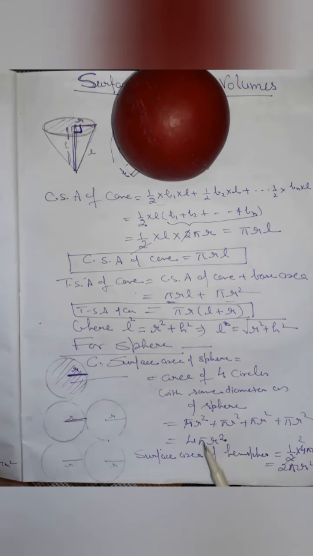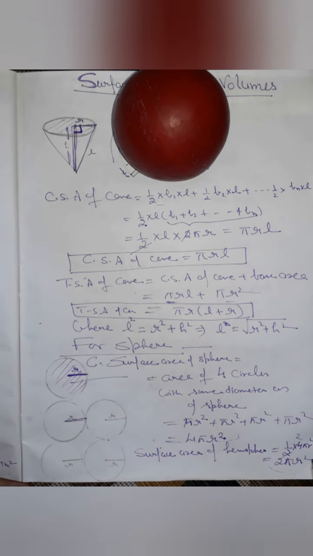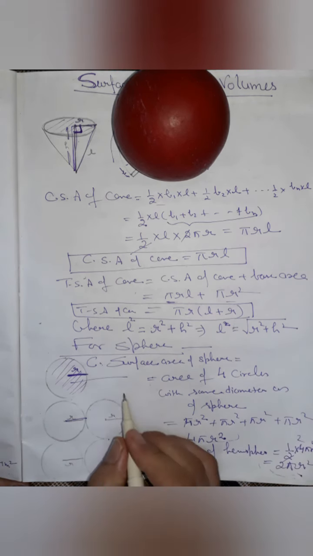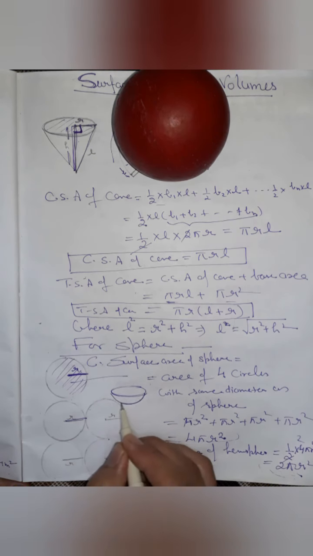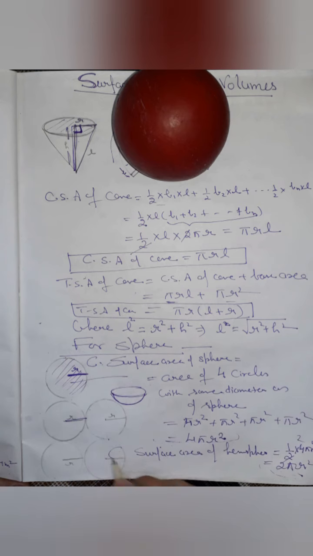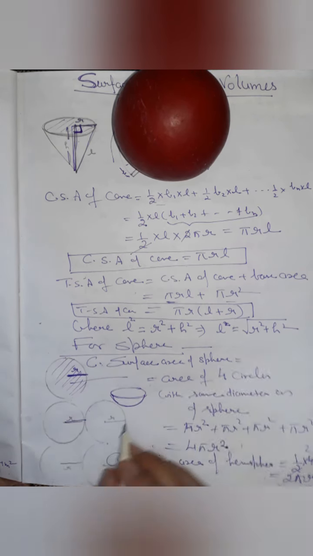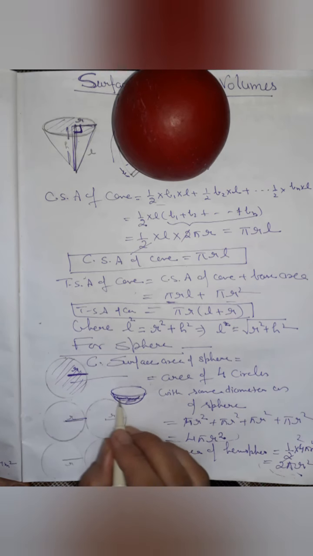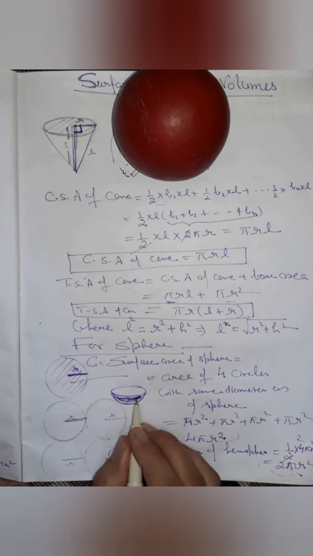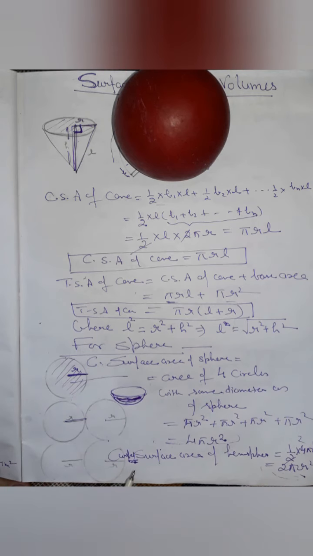This is surface area of sphere 4 pi r square, surface area of hemisphere 2 pi r square. Now suppose we have to find total surface area of hemisphere. This is curved surface area of hemisphere. Curved surface area of hemisphere means only this curved part.